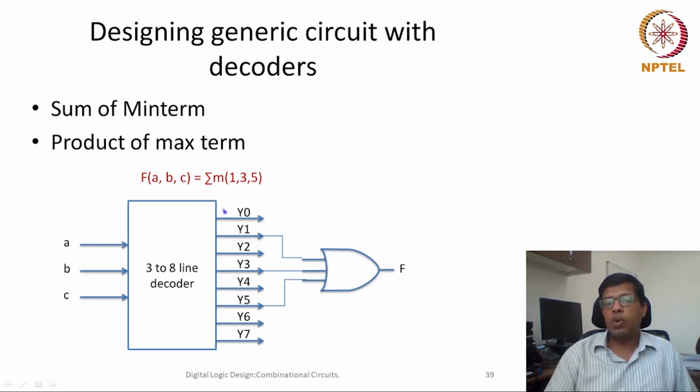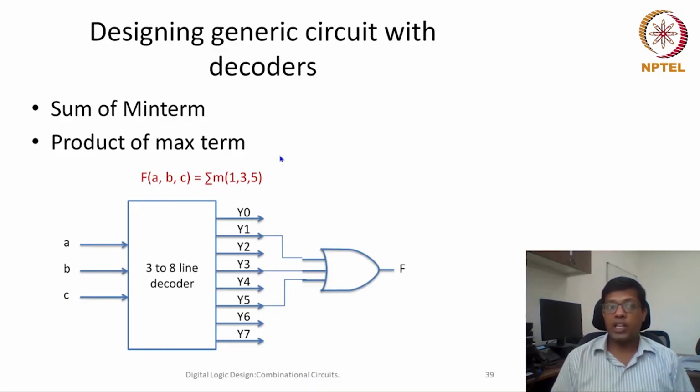So if my decoder has inverted outputs, I can design it using a product of max terms, or if it is in the standard form, then I can use it as a sum of min terms. This way a decoder can be used to design any generic circuit. I additionally require one OR gate or one AND gate. Okay, so this is about decoders.